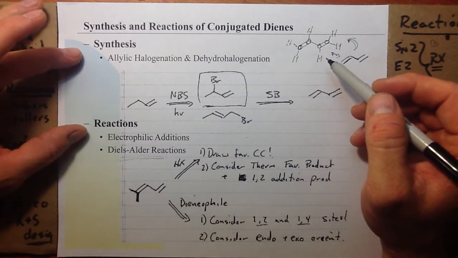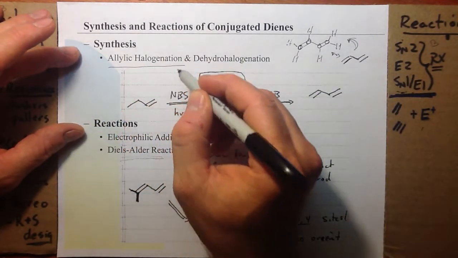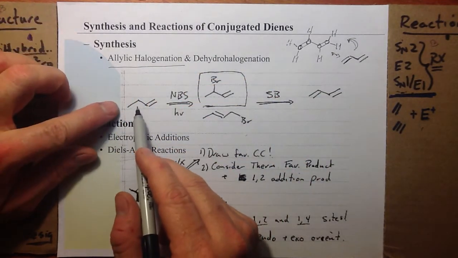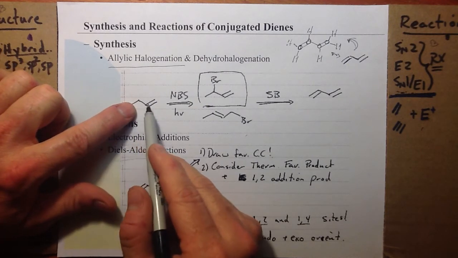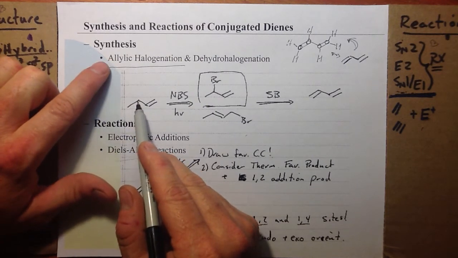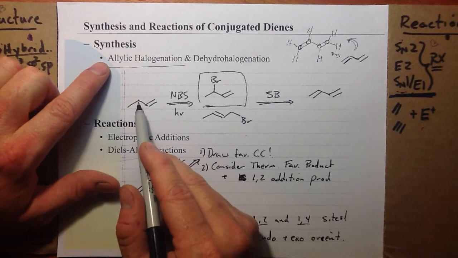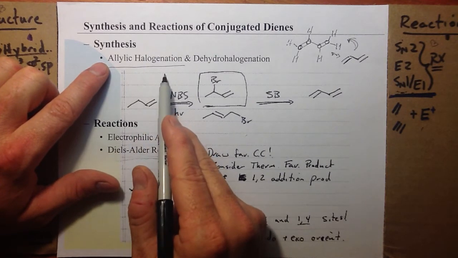The first video here is just looking at some radical chemistry to do allylic halogenation of an alkene. Allylic means next to the alkene. We can have halogenation, allylic halogenation.